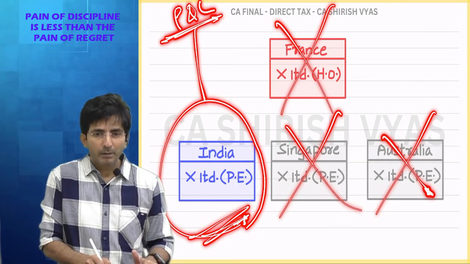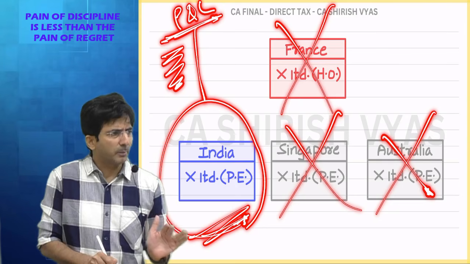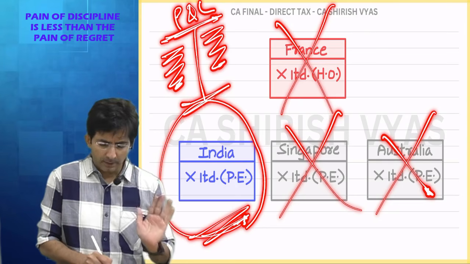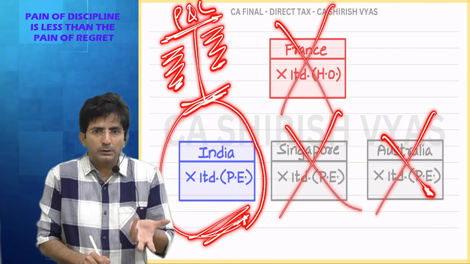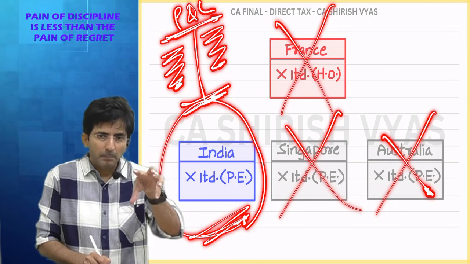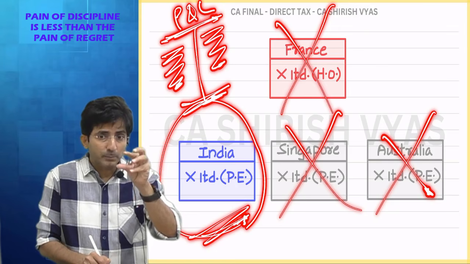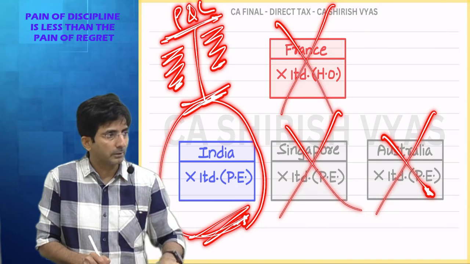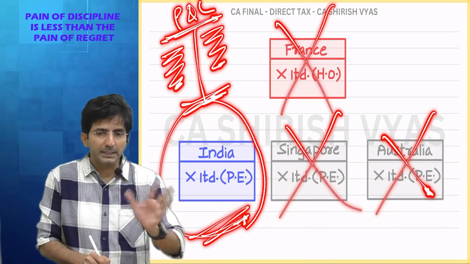What will appear? All expenses of the Indian branch and all income through the Indian branch. Understood or not? Obviously the accounts are of the branch of India, so expense and income are of the Indian branch. But there will be some common expenses which are general. H office means head office expenditure.